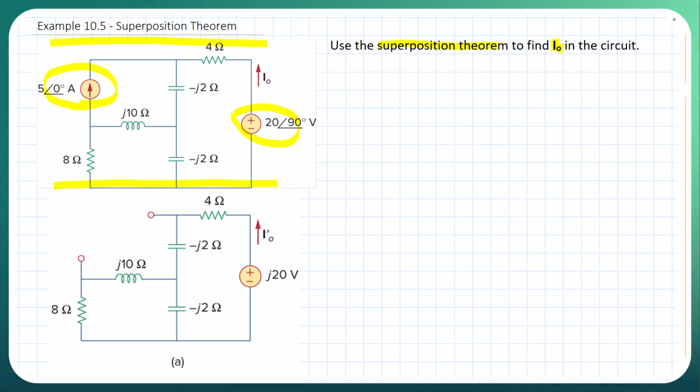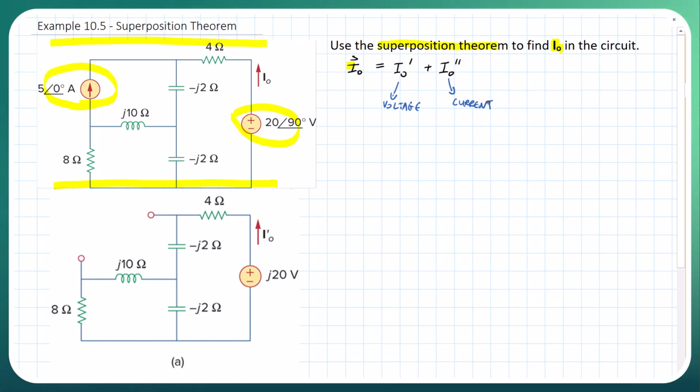So because we're trying to find I naught, we're going to define I naught as equal to I naught prime plus I naught double prime, because we have two sources that we're going to be turning off. I naught prime is going to be due to the voltage source, and I naught double prime is going to be due to the current source in this circuit.